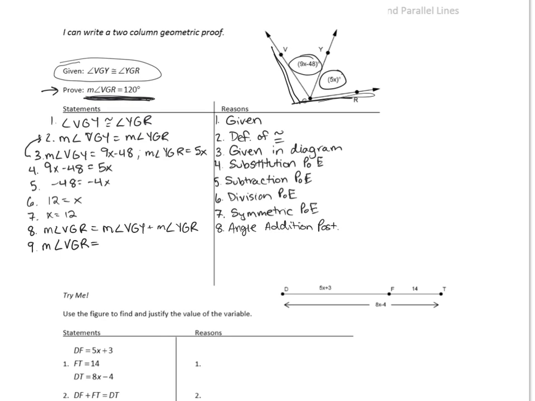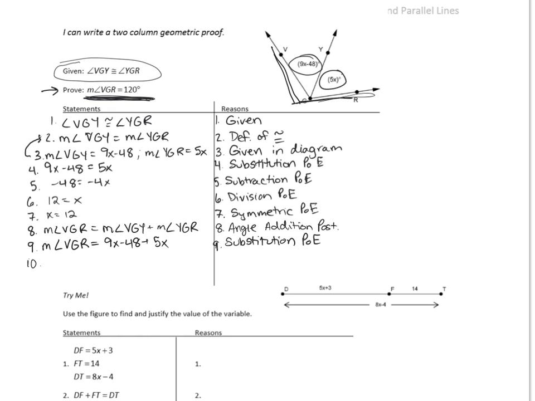I know that VGY is 9x minus 48, and that YGR is 5x. Well, I also know what x equals. So 9, with substitution. And again, I'm not shortening it because substitution and subtraction.